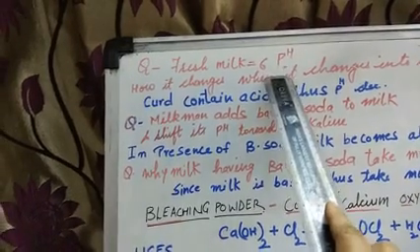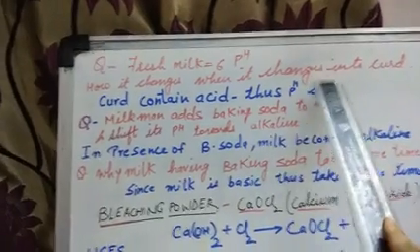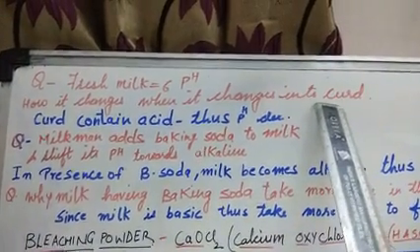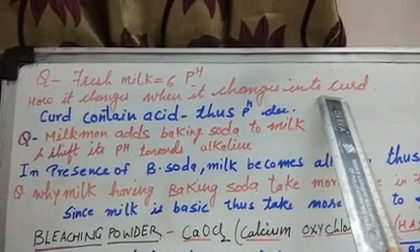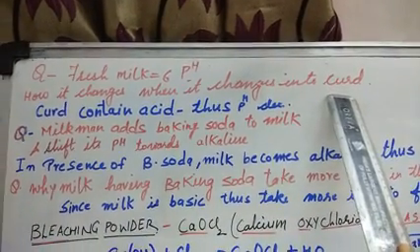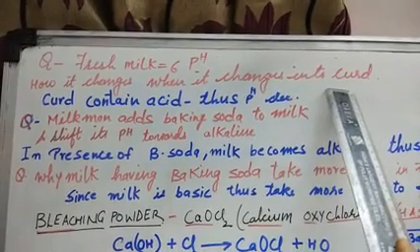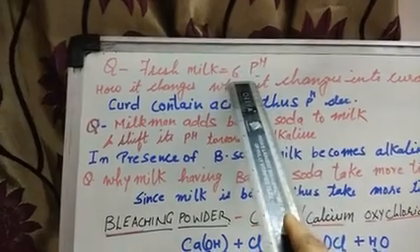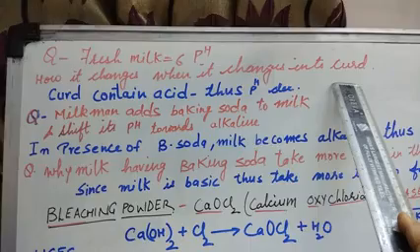Now students, what happens to the pH of milk when it changes into curd? Curd, students, you all know, is acidic in nature. It has a sour taste, isn't it, students? If it has a sour taste, meaning acidic in nature, its pH decreases from 6 when milk changes into curd.